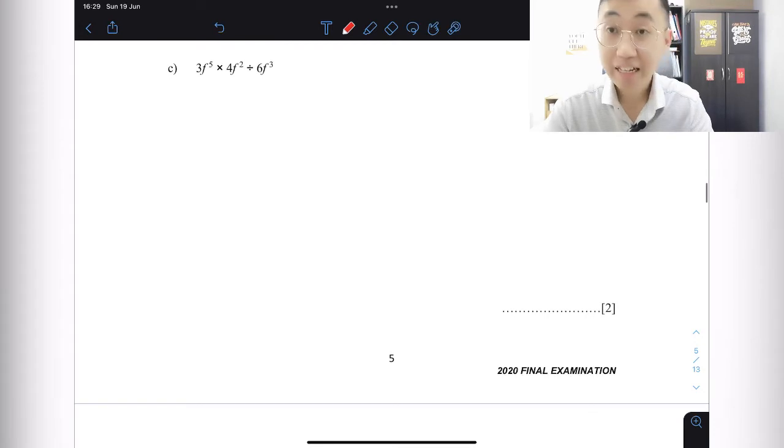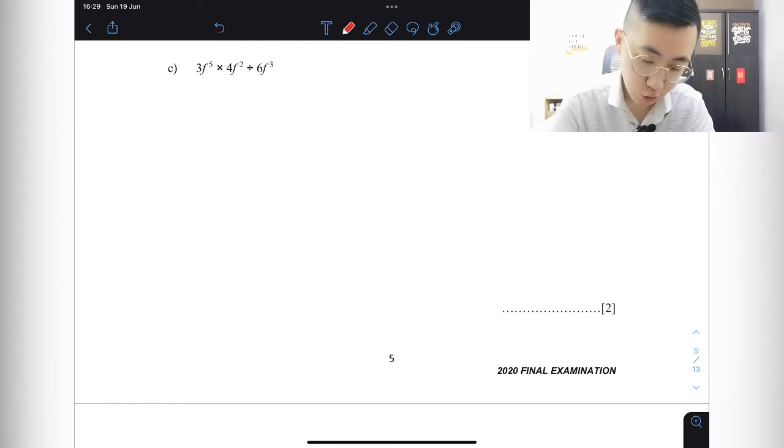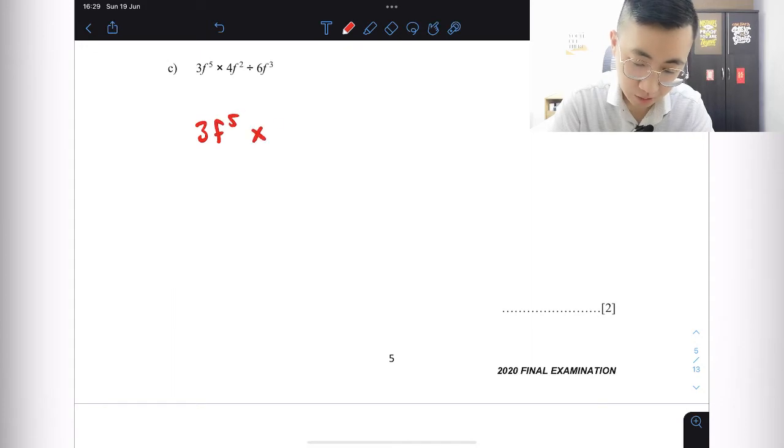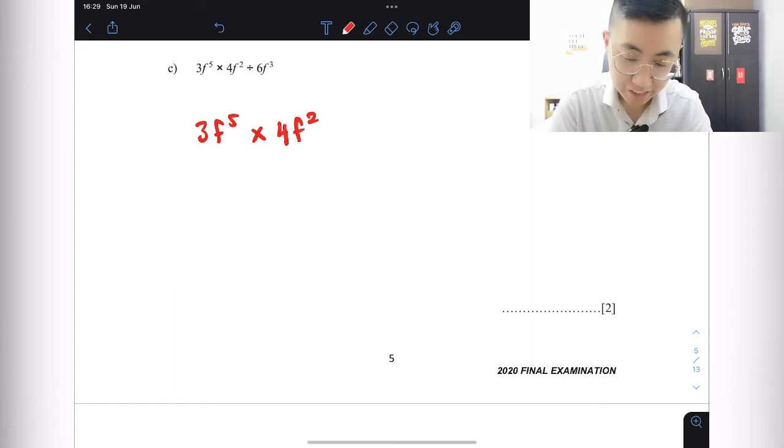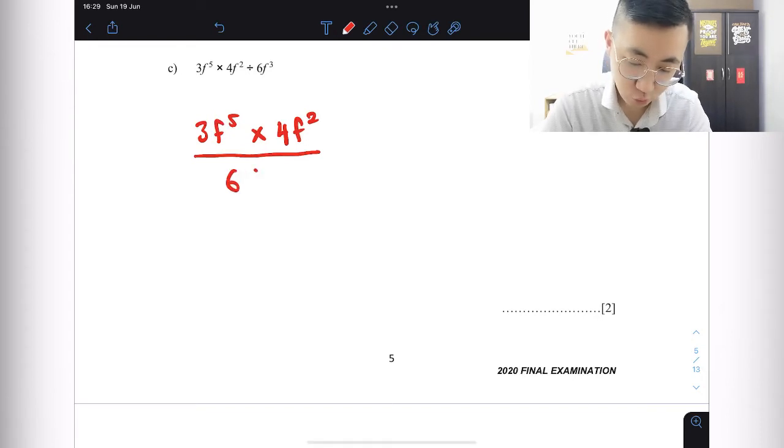So question C again is indices again. So we are going to copy the question, make it nicer to see. So divide, you put underneath, like over, like a fraction. So 6f to the power of 3. Okay, so don't be greedy. Do the top part first. 3 times 4. And then your power of f power of 5 and f power of 2 combine.